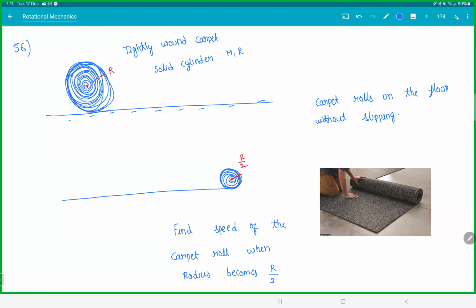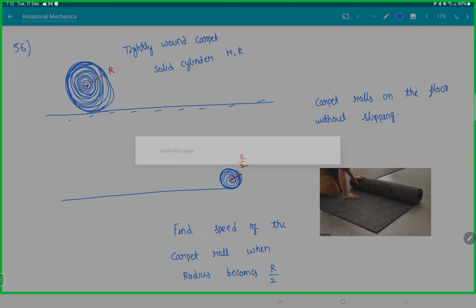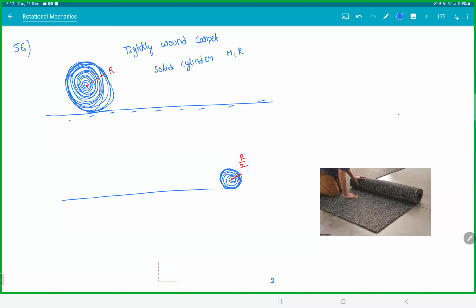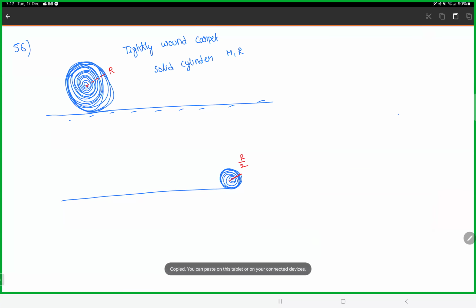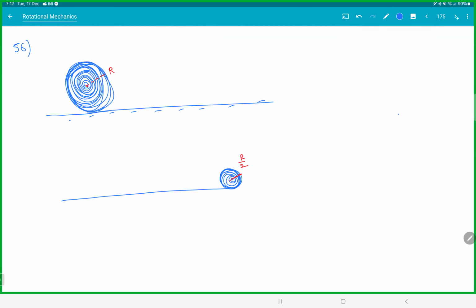Let's see. So what is the catch here? So this is state 1. The center of mass is here. So potential energy is mgR.